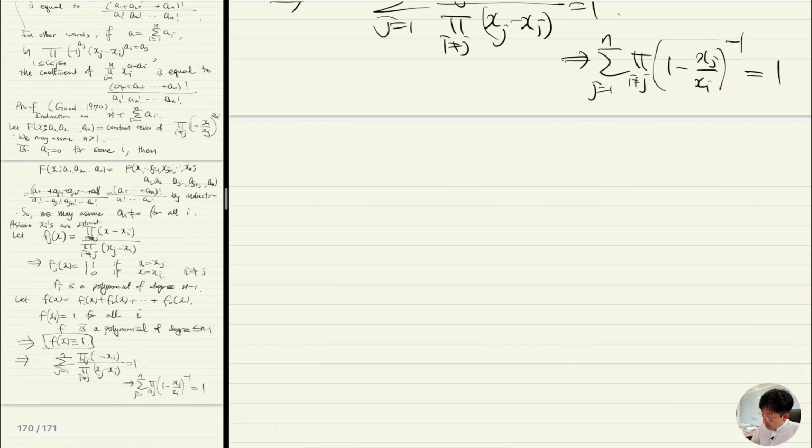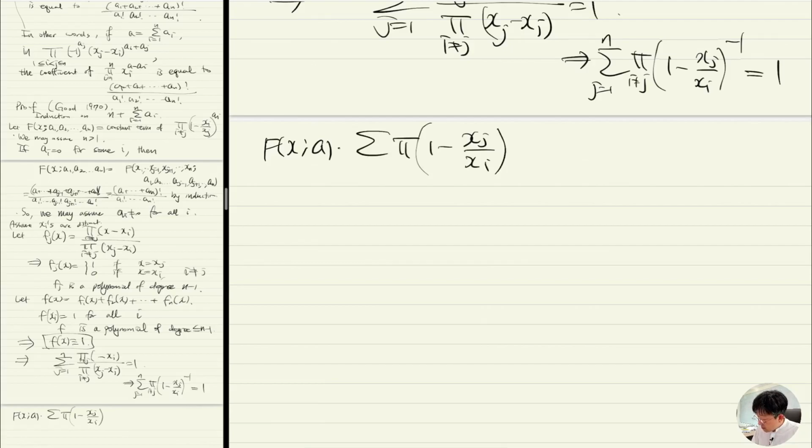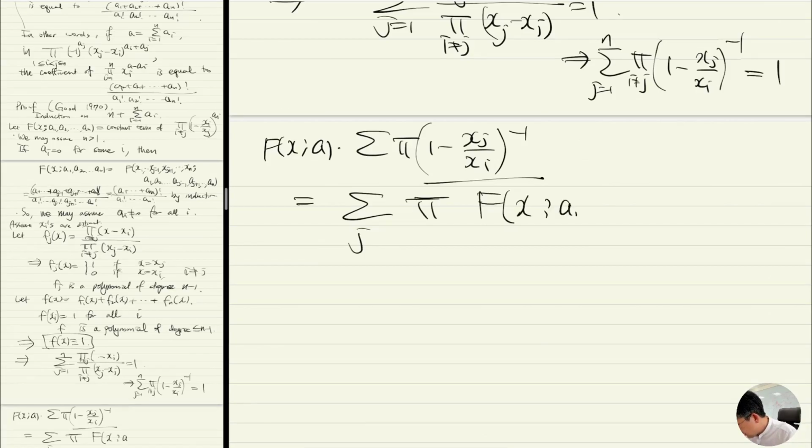So why is this useful? Because when you look at f of x times the sum of the product of xj minus xi minus 1, what you end up with is, now this is a minus 1 term, so x and a1 up to aj minus 1, and aj minus 1 and aj plus 1 up to an.